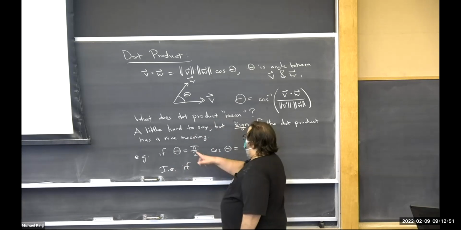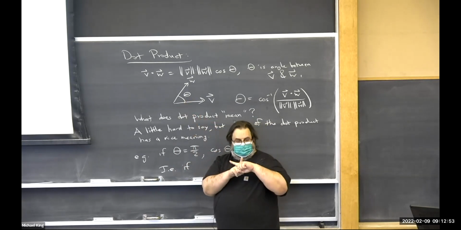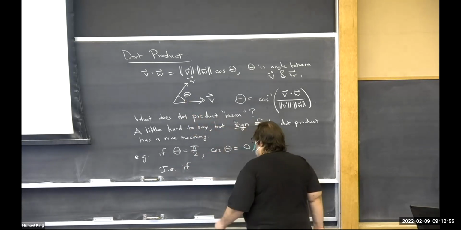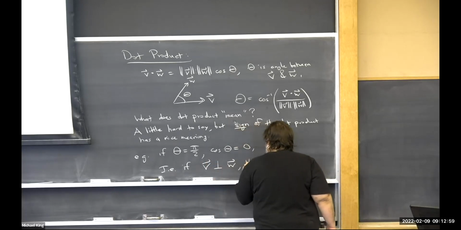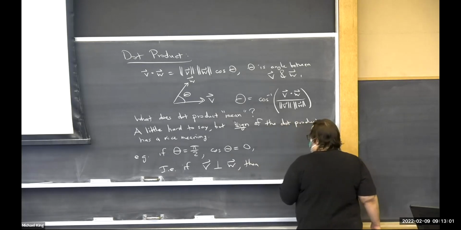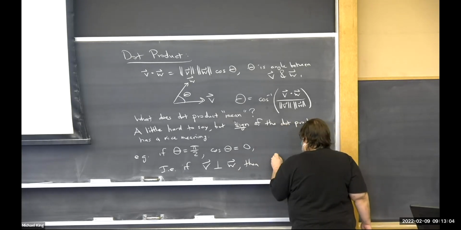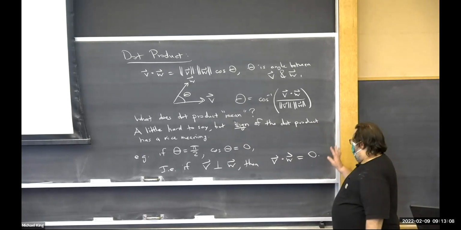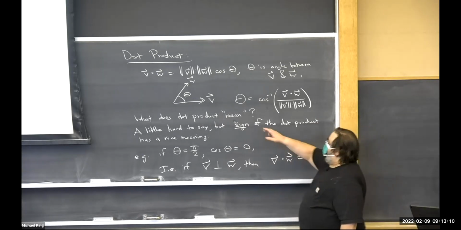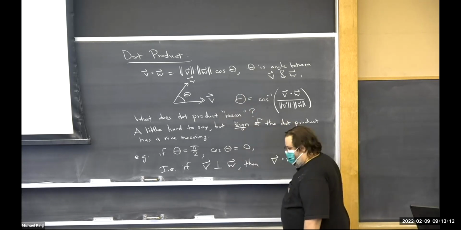If the angle is 90, that means the two vectors are perpendicular to each other. So if V is perpendicular to W, then the dot product is 0. And vice versa, if the dot product is 0, then cosine theta was 0.